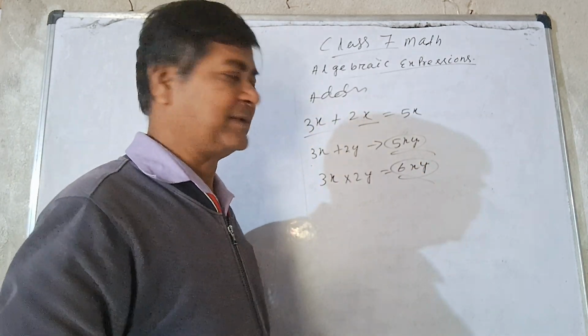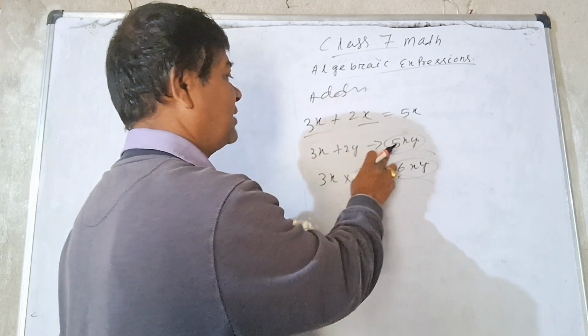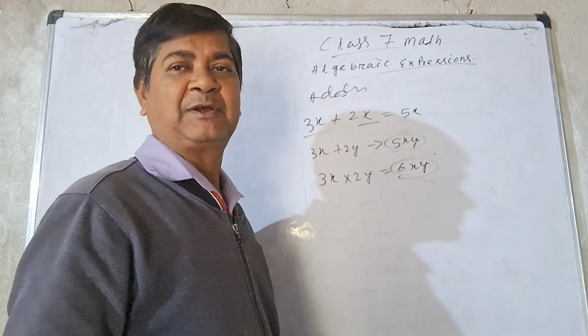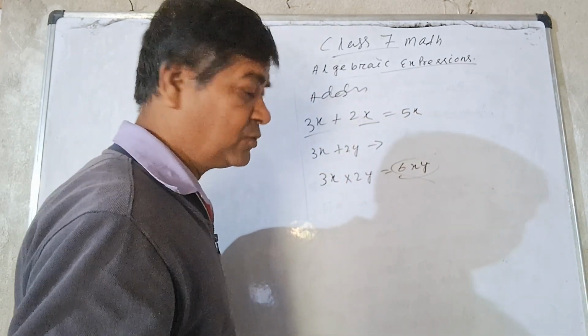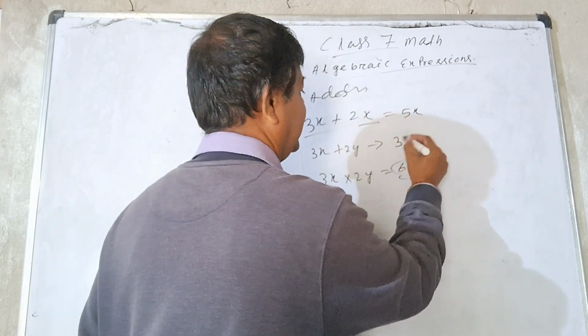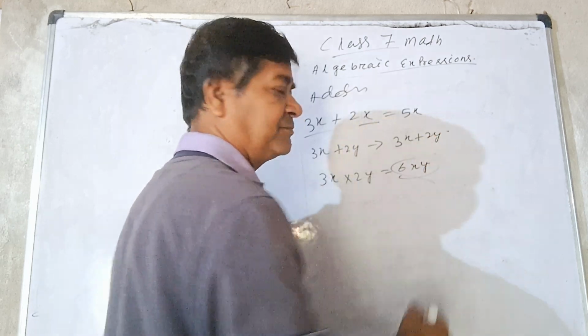But 3x plus 2y stays unchanged. You can add them and say 3x plus 2y is your answer.